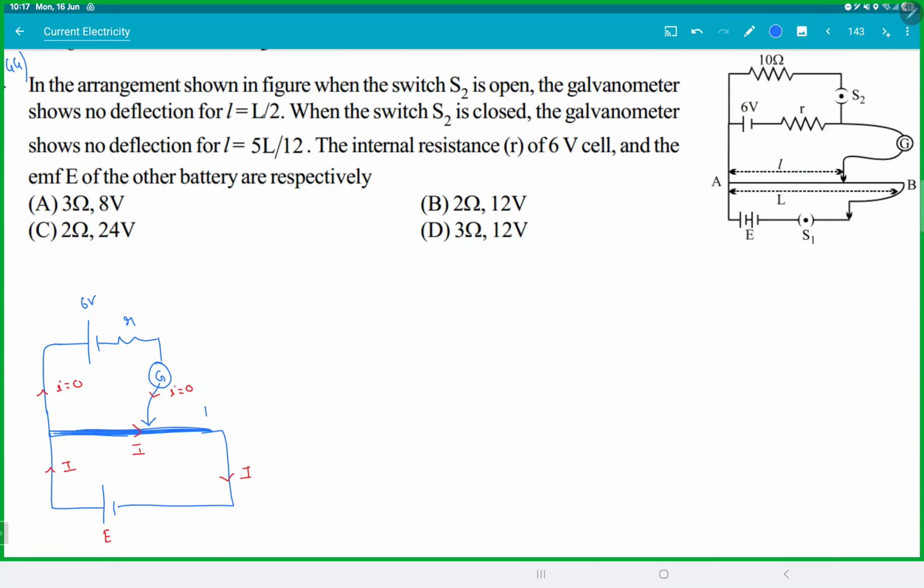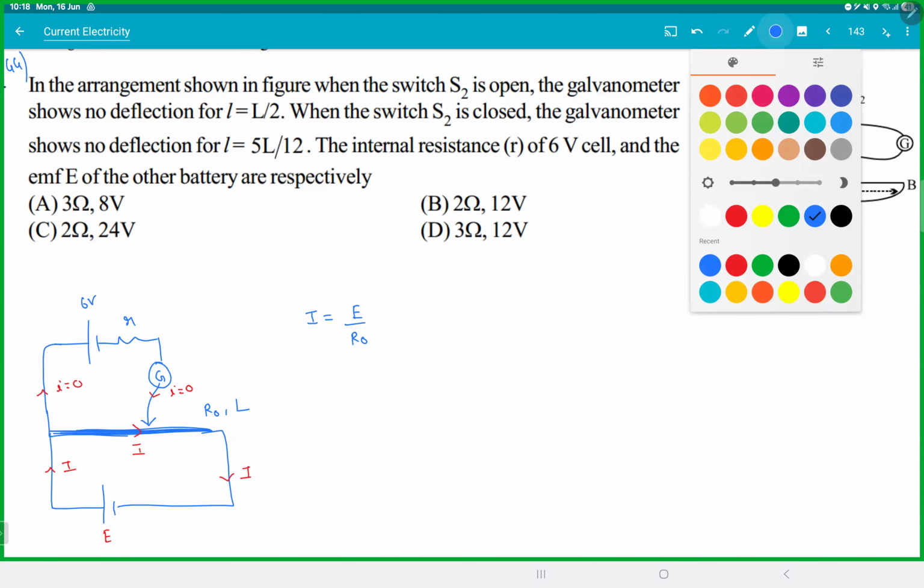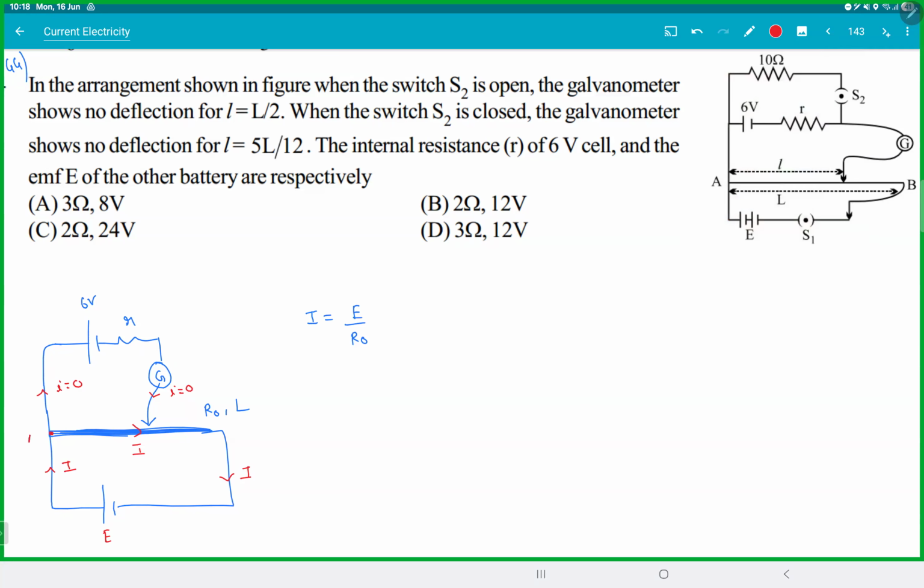And this resistance is R naught, and length is L. So I is nothing but E by R naught. If you take this point as A and this point as B, this is A dash and this is B dash.